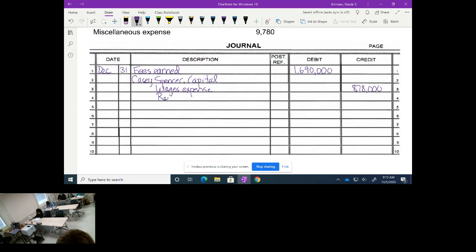Not in the normal course of business. But this is the end of the year, and we're closing these out so we can start next year with nothing in there so that we can see year over year how we are doing as a business and what our expenses are related to each year. Okay, supplies, $27,250. And then miscellaneous expense.